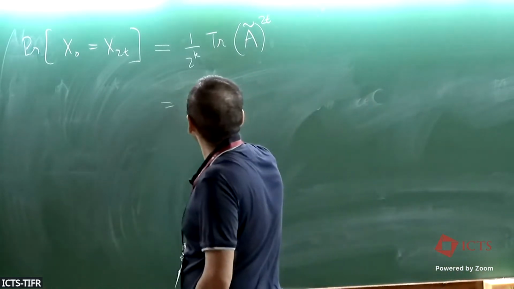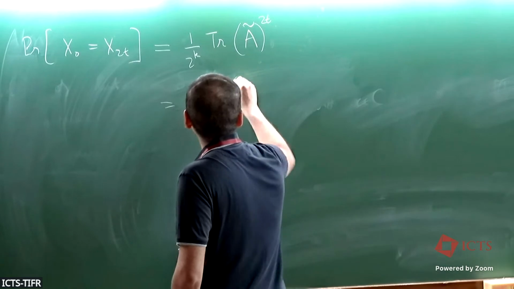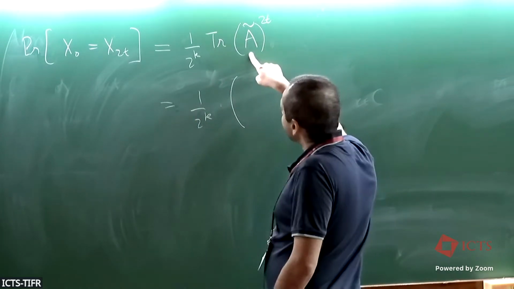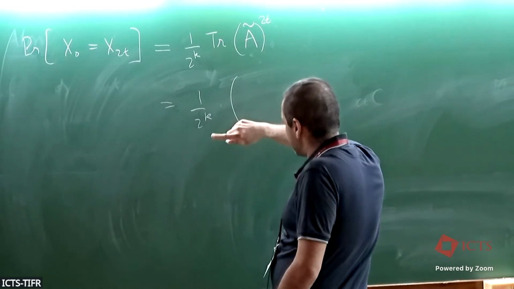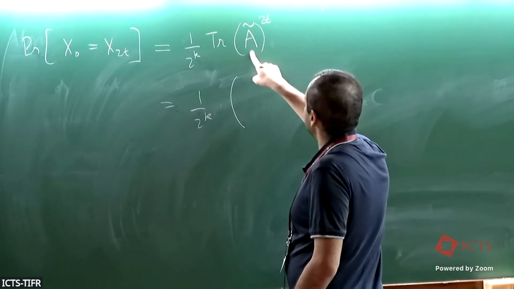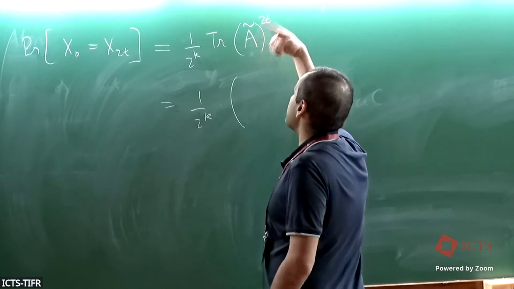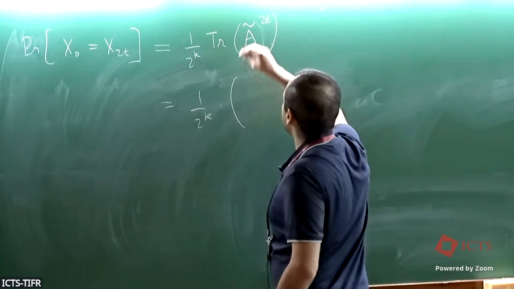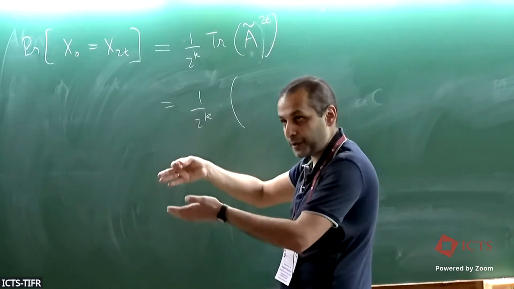This is 1 over 2 to the k times the sum over the eigenvalues of A tilde, which are the eigenvalues of A divided by n. So it's 1 and a whole bunch of values less than epsilon. And when you take it to the power 2t, all the eigenvalues get raised to the power 2t.